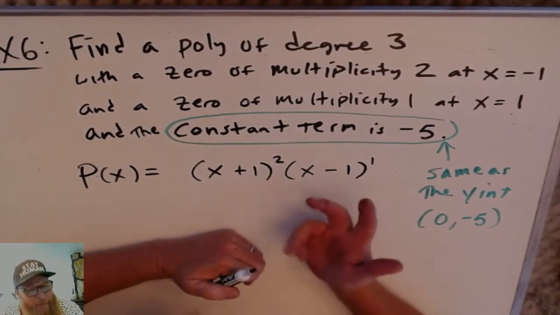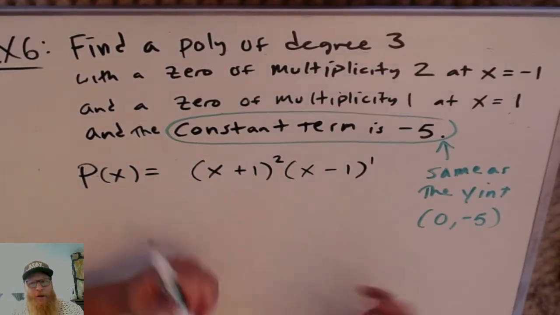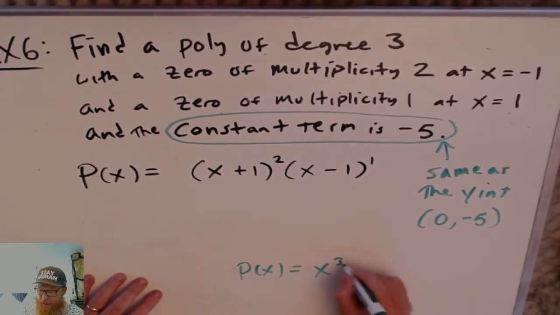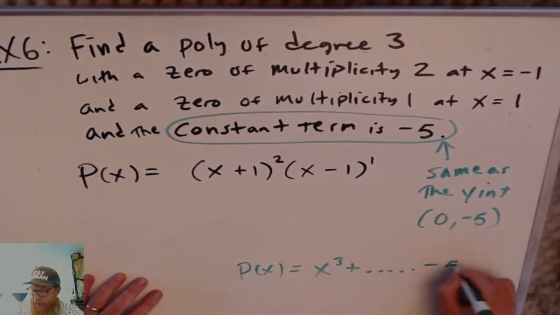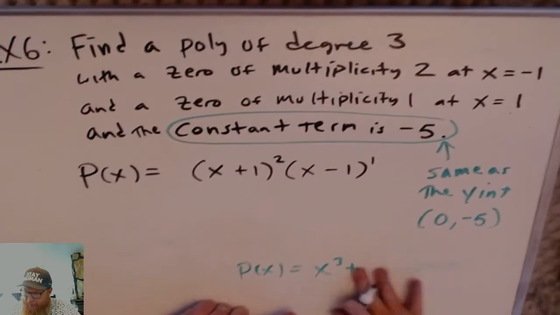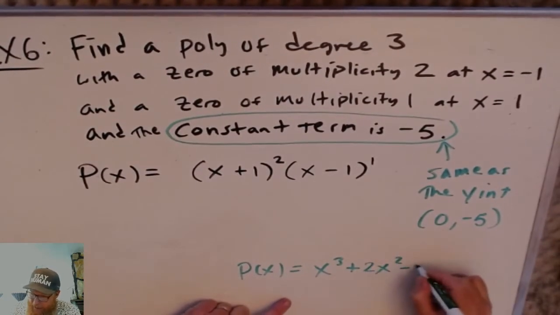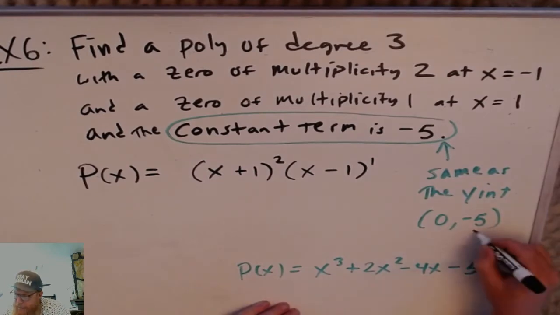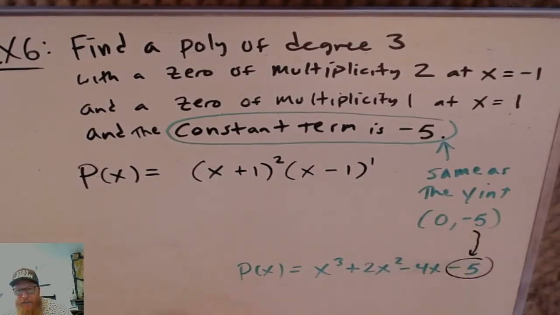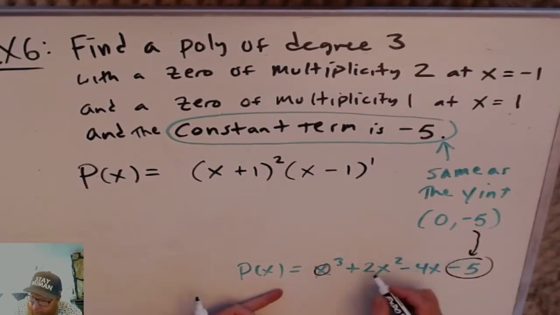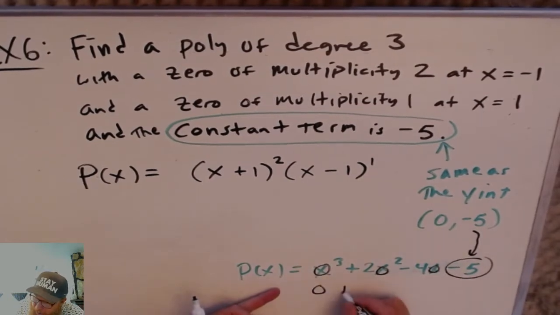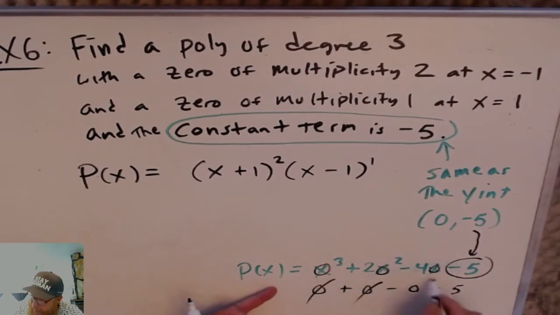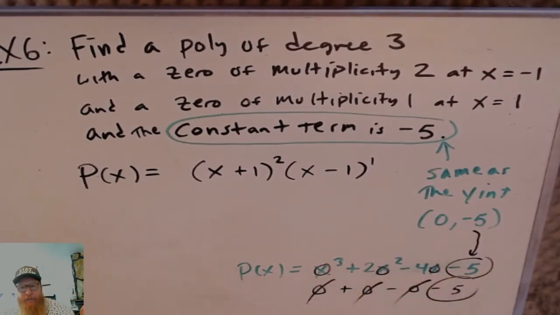But if you think about it, when you have a polynomial, p of x is x cubed plus blah, blah, blah. Let me just make something up. X cubed plus 2x squared minus 4x minus 5. The constant term is the last term. That means that if you plug 0 in for all the x's, all these terms cancel out, and you just get -5.